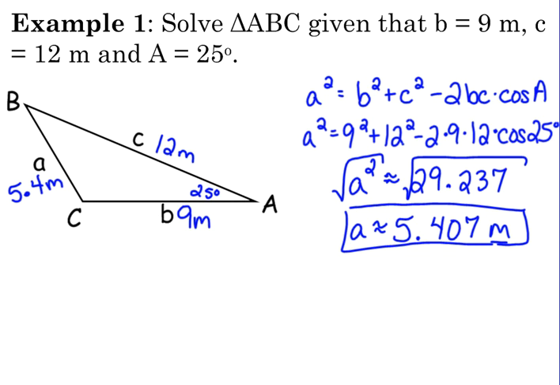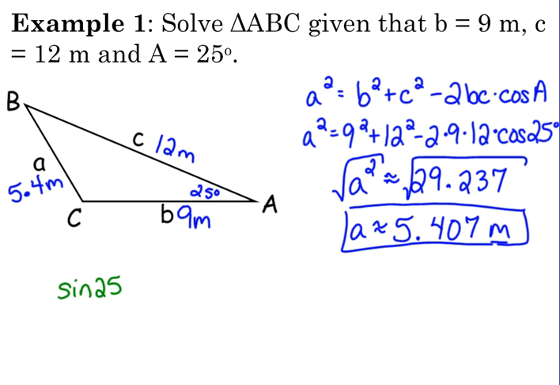I'm going to round it to the nearest tenth when I put it on the triangle just to save me some space. So we're supposed to solve the triangle. We now have all of our sides. We're missing two angles. But the good news is, as I mentioned before, now we have enough information, we can use the law of sines.